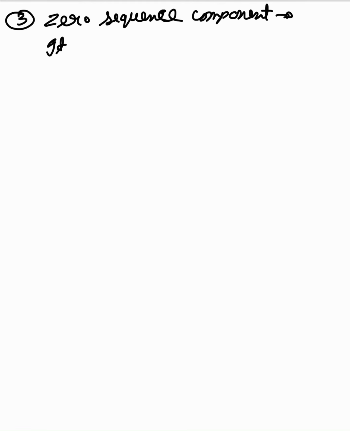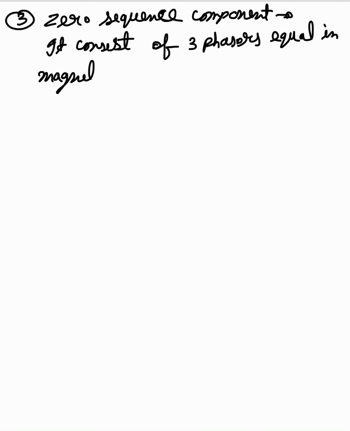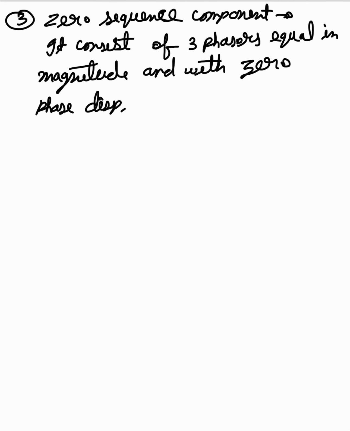The zero sequence component consists of three phasors equal in magnitude and with zero phase displacement from each other.